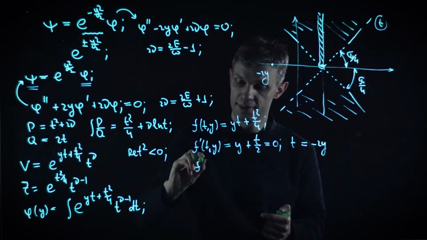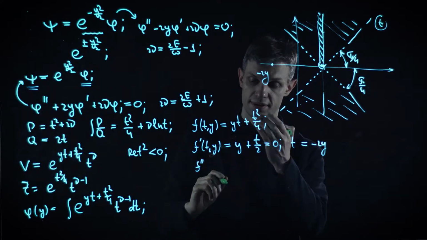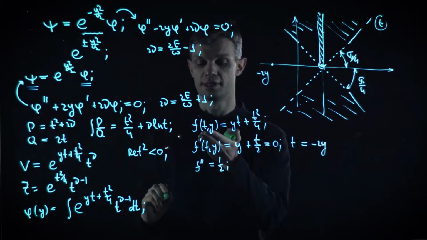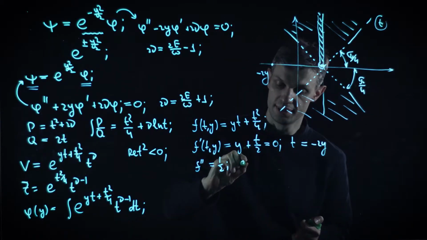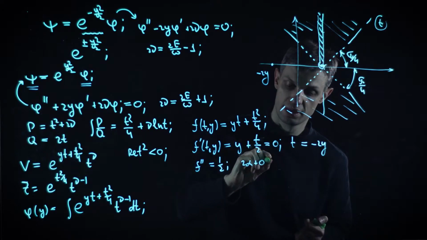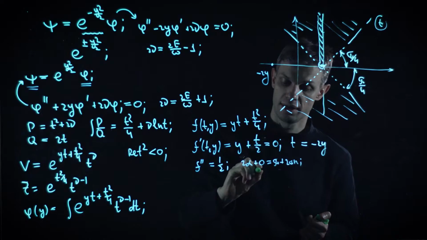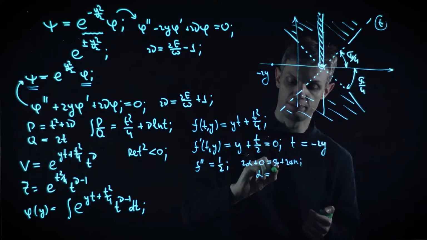Their steepest descent direction is defined by the argument of the second derivative, which is 1/2. So the argument is 0, and the steepest descent direction is simply pi by 2 plus pi n.